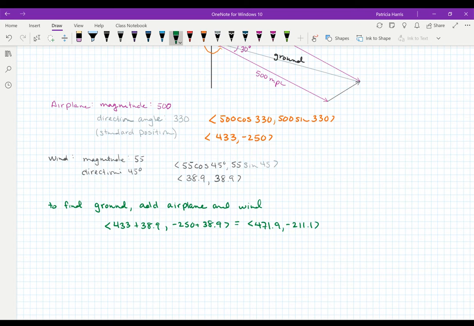So now I can use my little tangent formula to find my angle. All right, so run tangent inverse.